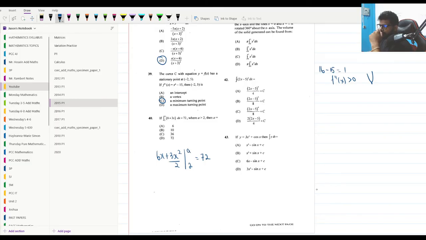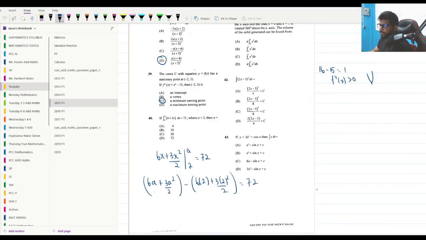Substitute a, I get 6a plus 3a squared over 2. Substitute 2: 6 into 2 plus 3 into 2 squared over 2 is equal to 72.